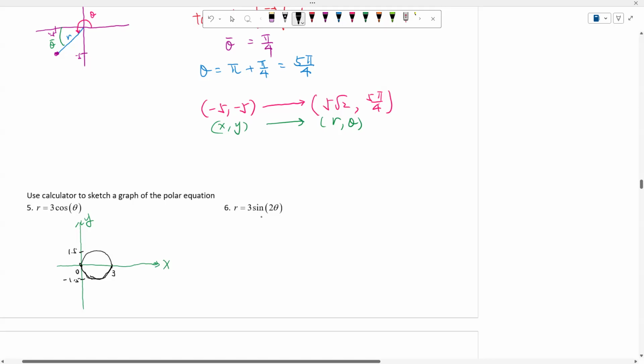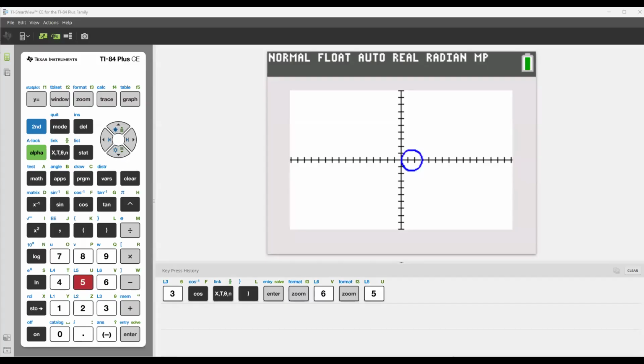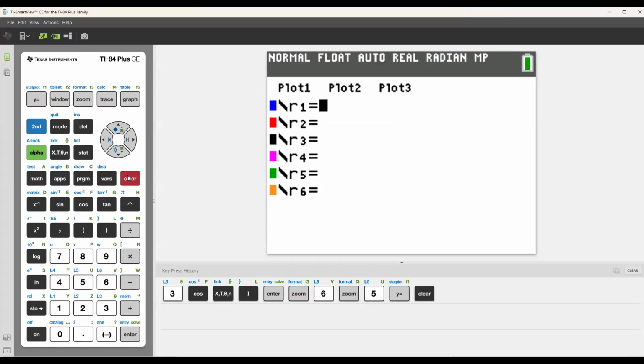Now try to see if you could use your calculator to help you sketch 3 times sine of 2 theta. So now let me clear this.